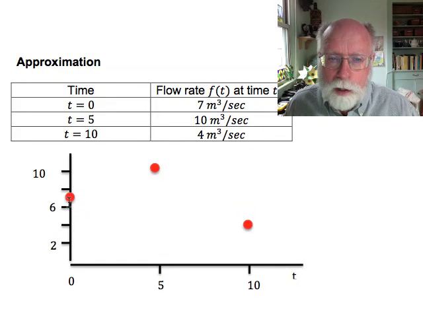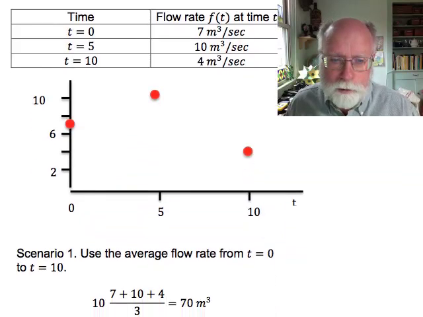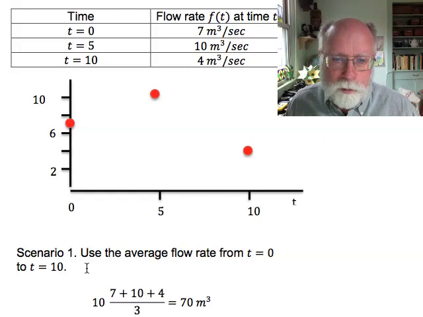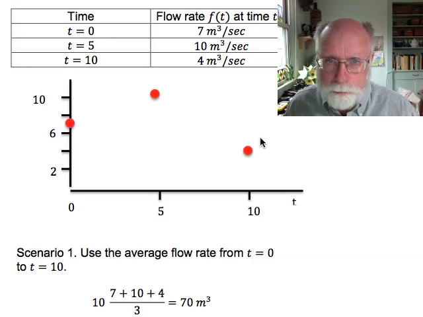Here I've plotted the 3 data points that we got in our sample. We have 7, 10, and 4. And I want to walk through 2 different scenarios. The first scenario is that we use the average value over the whole 10 seconds.